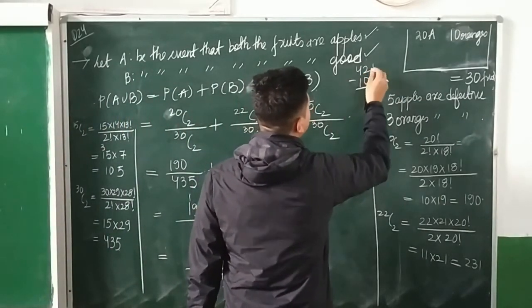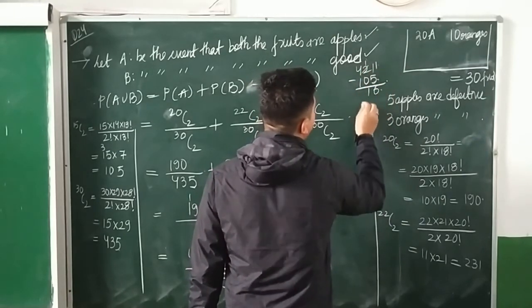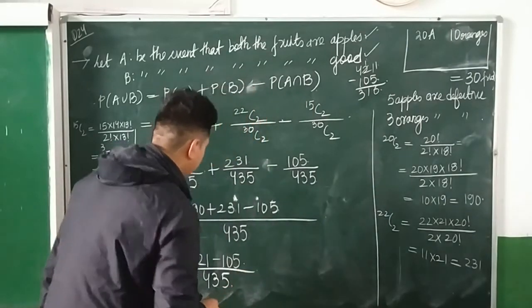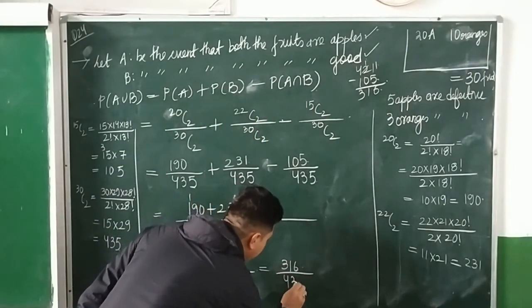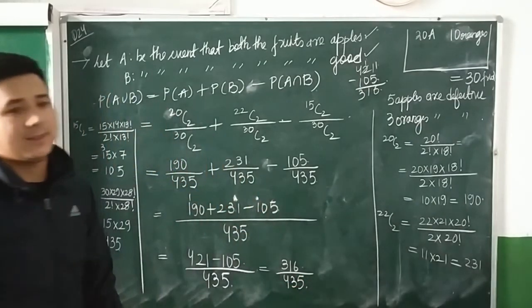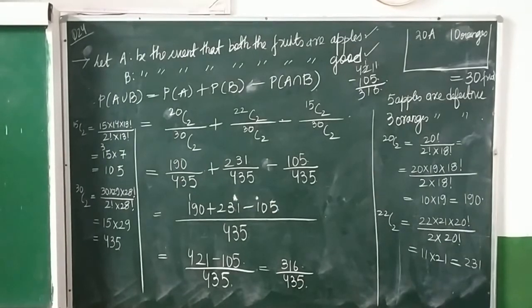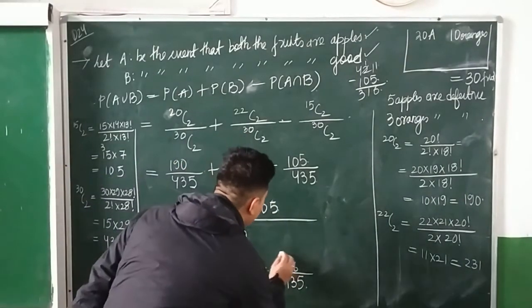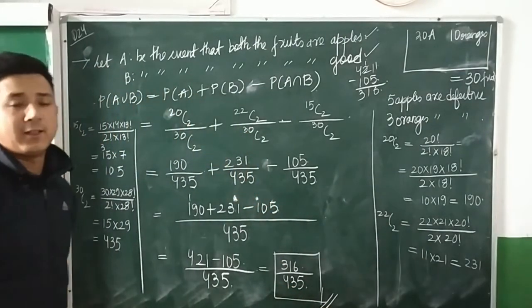If we subtract it, this will be 316. So this will be 316 divided by 435. Please check the calculation, pause the video and note it down. And yes, this is the final answer, 316 divided by 435.